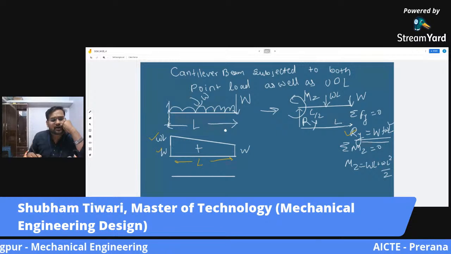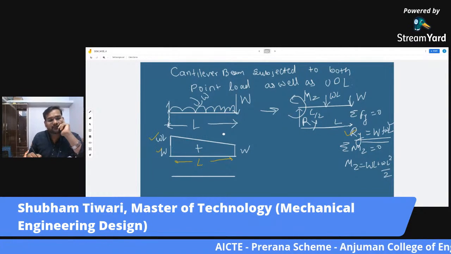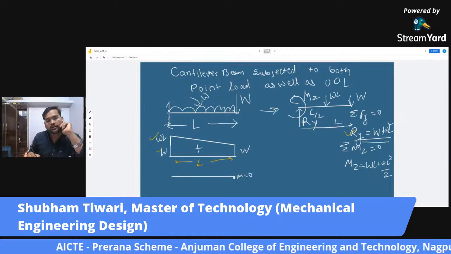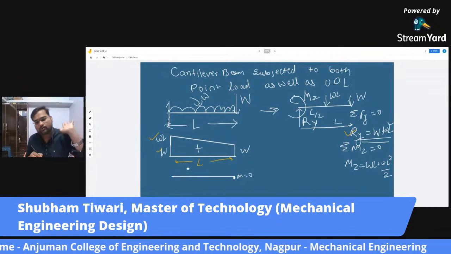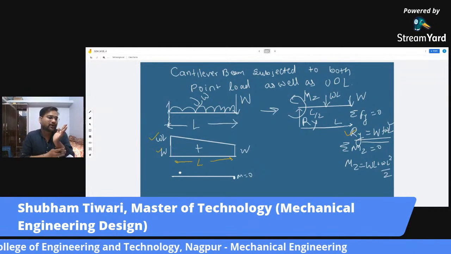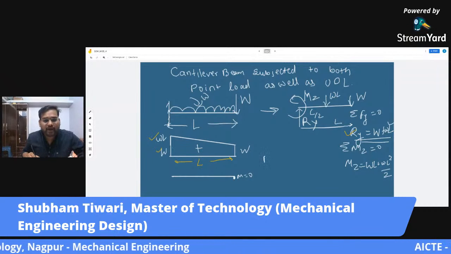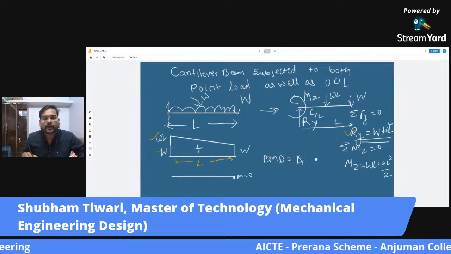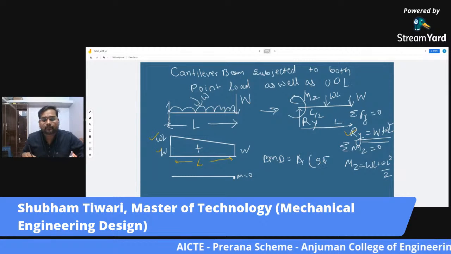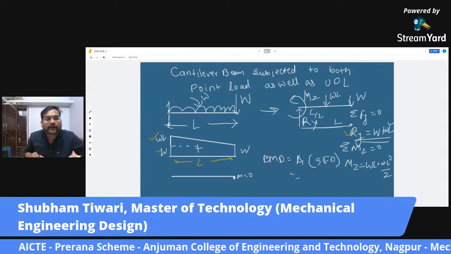Fine. Now, when we go for the BMD, we have to look at this diagram. So at the free end, the bending moment is zero. Here, the bending moment is zero. At this end, we have the magnitude of the bending moment is maximum. So what is its magnitude? The magnitude of the bending moment is equal to the area of the SFD. What is its area? If you look closely, there are two diagrams.